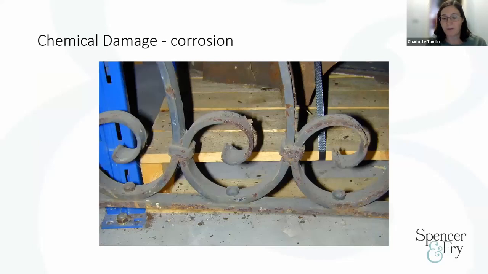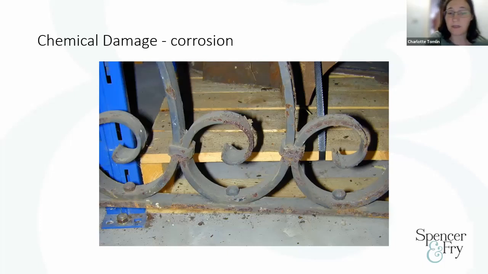So on to chemical damage, reaction and chemical damage, the most obvious being corrosion of metals. So oxygen and high RH, damp, relative humidity conditions can catalyze the corrosion of metals. So we obviously call iron corrosion rust. We're used to seeing that in many contexts, but in museum environments, not good, because it means that the stability of your object is reducing and deteriorating.